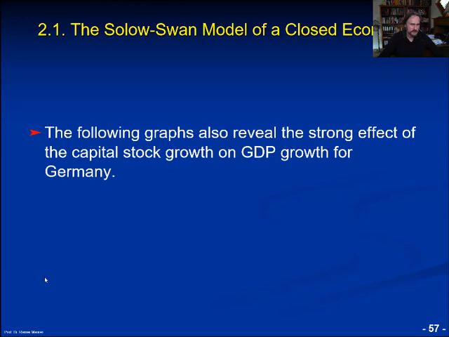We can now also address the question what might have caused the lower GDP growth rate of Germany after the unification, which we have found on the diagram of slide 4 at the beginning of this chapter. An important factor that causes GDP growth is, according to the Solow-Swan model, the stock of physical capital. So it is natural to compare the growth rate of the stock of physical capital with the growth rate of GDP.